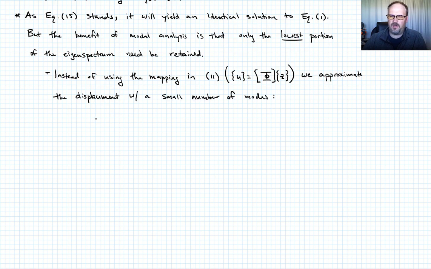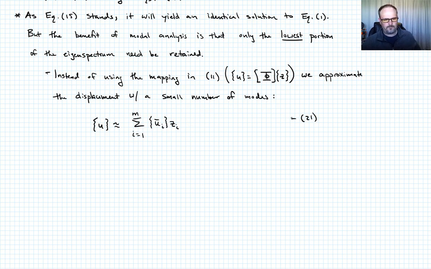So instead of equation 11, we'll now have that u, the displacement, is approximately equal to the sum over the modes from i equal 1 to m, where m is going to be less than n, and that will be u_i bar times z_i, right? Let's call that equation 21. And I'll just note that typically m is much less than n.